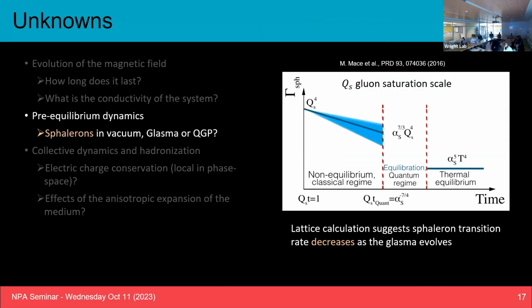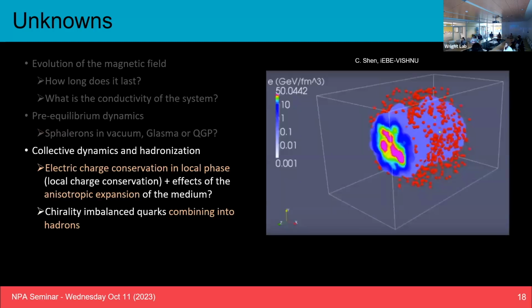Also, the transition rate of the sphaleron: before I showed this classical rate, but more serious lattice calculations suggest that this rate decreases as the plasma evolves. So this rate is constantly changing, and we're not exactly sure when the sphaleron transition happens. Also, there's the background and the hadronization. The first part is the kinetic dynamics, which is the background.